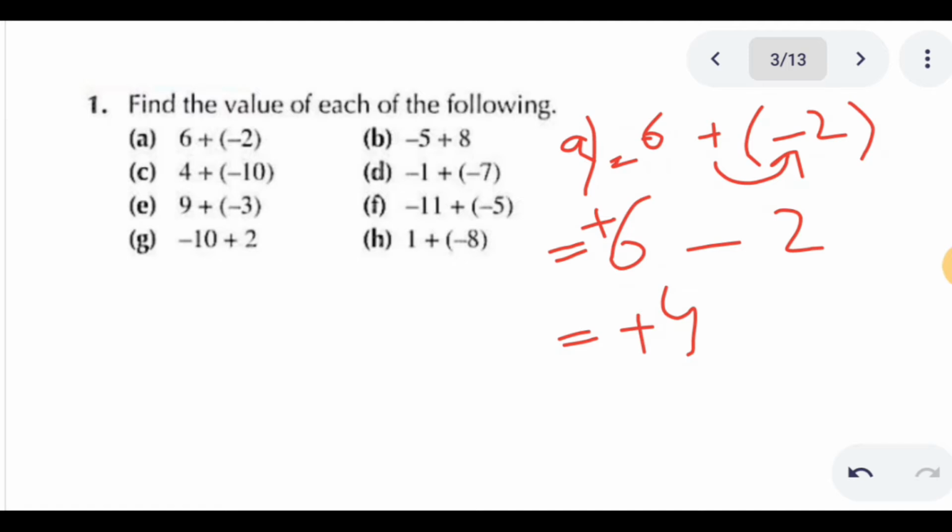Therefore we subtract 2 from the number 6 and we get the answer 4. But the sign with the 4 depends upon the bigger value. The sign with the answer will be the same as the sign of the bigger value that we are subtracting or adding. So let's do some other examples and clarify this concept.